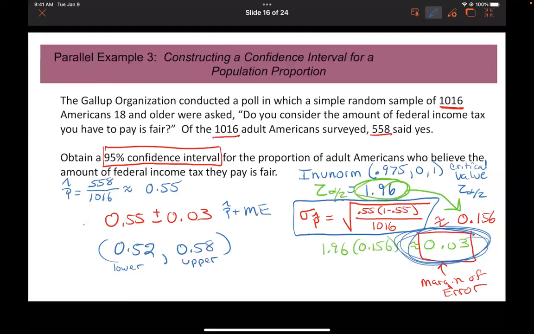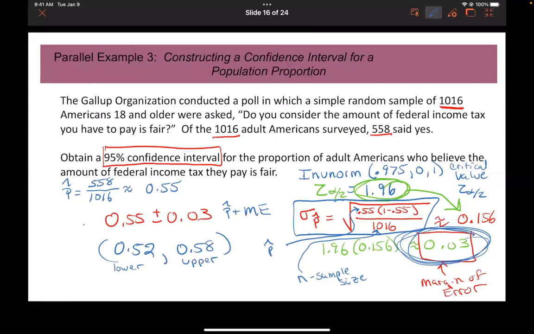This is your p hat, 0.55, and this right here is your n, your sample size. Okay, hold on one second, because I was not getting the right number. You might have needed parentheses somewhere. Yeah, maybe. Oh, yep, I got it now. We're good? Yep. Okay, thank you.